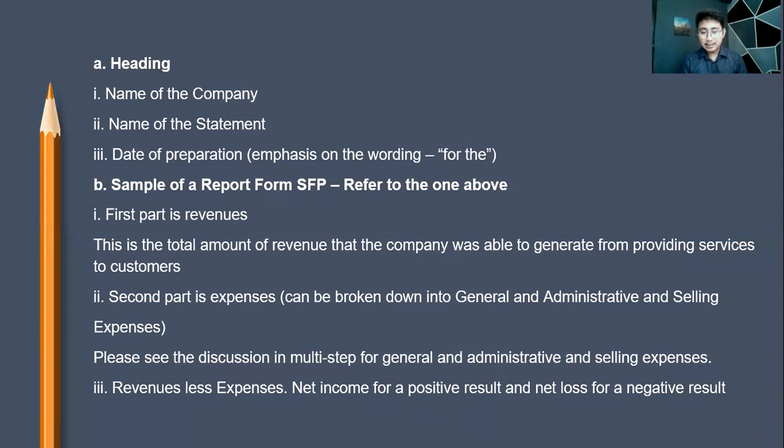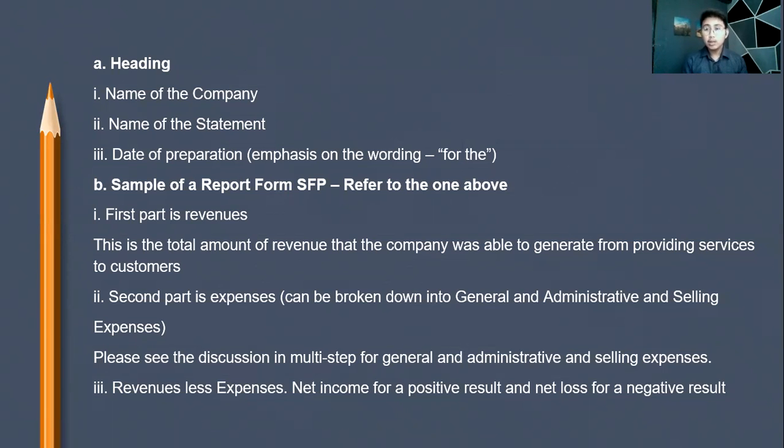After that, you need to deduct the total expenses from the total revenue, and the result is the net income for a positive result. Ibig sabihin kung maganda po yung result ng net income, positive, maganda yung outcome ng isang company.